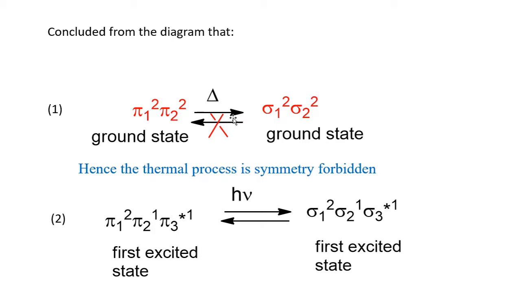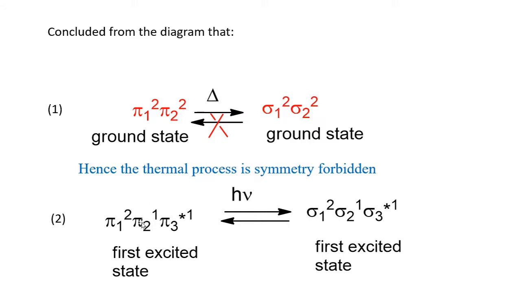Here, that is not correlating with the ground state of the product, sigma 1 square and sigma 2 square. That indicates the 4 sigma electrons should occupy the sigma 1 and sigma 2 orbitals, but it is not the case, and hence they are not correlating. Hence the thermal process is symmetry forbidden.